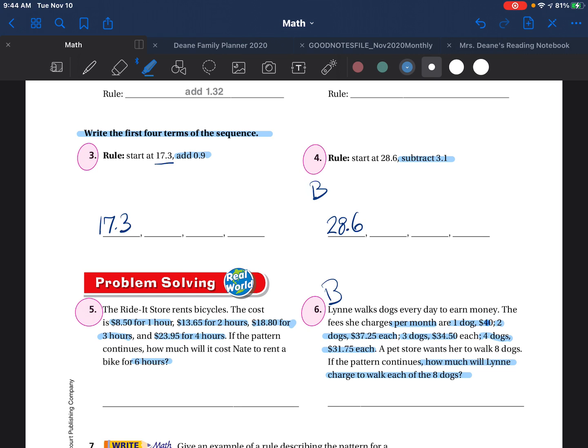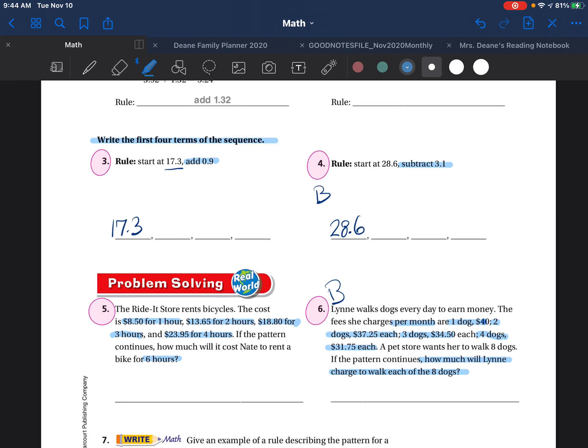A pet store wants her to walk 8 dogs. If the pattern continues, how much will Lynn charge to walk each of the 8 dogs? So for this pattern, you're going to have to extend it 4 times to get to the 8. So that one has a little work. You'll have to find the rule and then go ahead and move on from there.